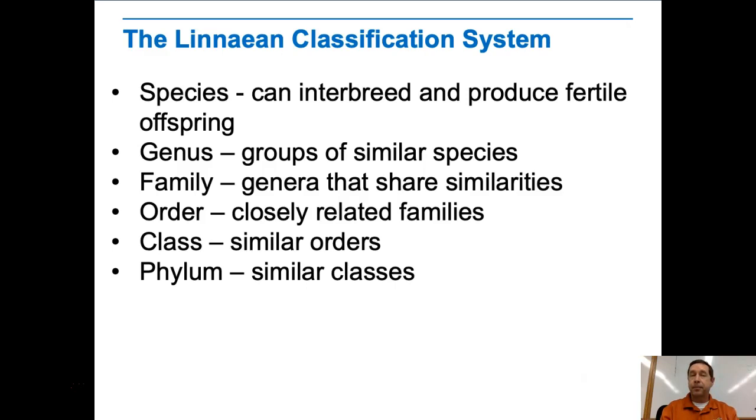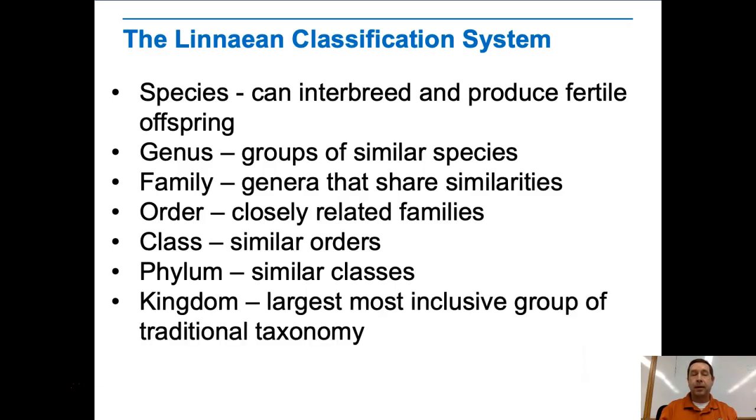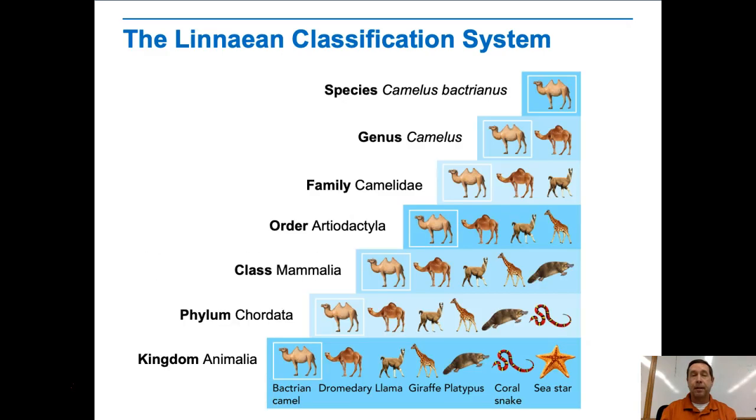So as you go from species on up, there are fewer and fewer traits in common until you get to the kingdom, which is the most inclusive group of traditional taxonomy. It's also the one that has the fewest common characteristics amongst all the members of the kingdom. So here you can see an example with camels and their relatives. You can see the different classifications of this particular camel from its genus all the way up to its kingdom.